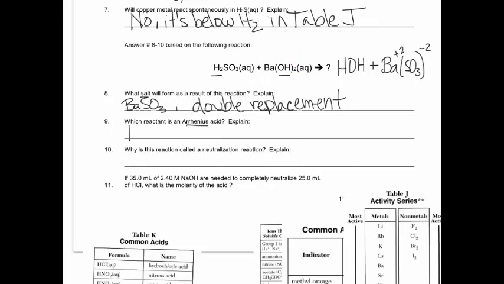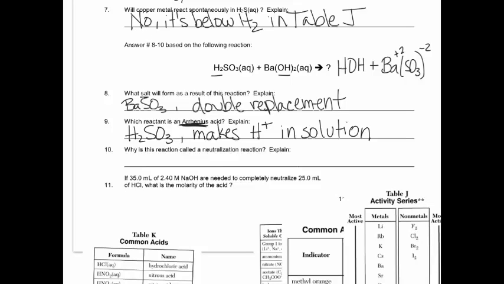So we're going to say it's H2SO3. And I'm going to justify that by making sure I point out it's Arrhenius by saying it makes H pluses in solution. So you've got to justify it by using the definition of an Arrhenius acid.